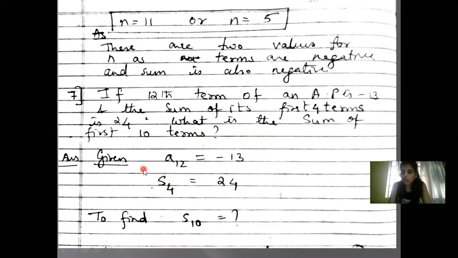After you solve these two equations by the elimination method of simultaneous equations, you will get the values of a and d. After that, you have to find the sum of 10 terms, so you are going to substitute in the formula and get the answer. So let's see how to go about it.